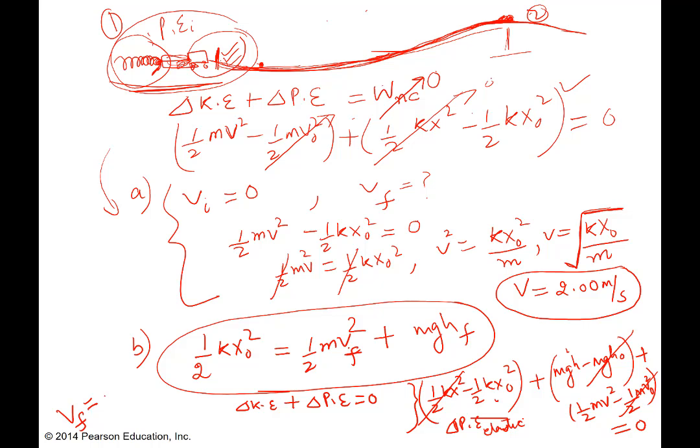So V f, in the end, you should get 0.687 meters per second. In part 1, you found a velocity of 2 meters per second with which it went all the way up, but at the top it's slowing down, which is expected because now potential energy is higher than the kinetic energy.